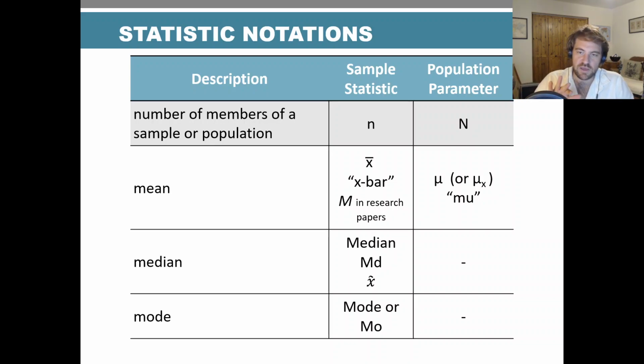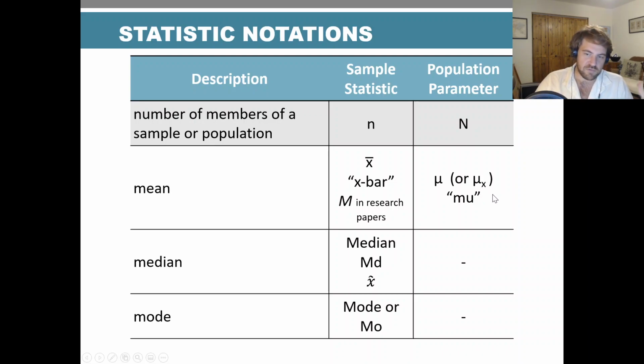And when you're looking at a population statistic, though, it's going to be mu, which is this funky looking Greek letter right here. Kind of looks like a U with a goatee, I guess. Or a little bit like a sick M. So that's a mu.